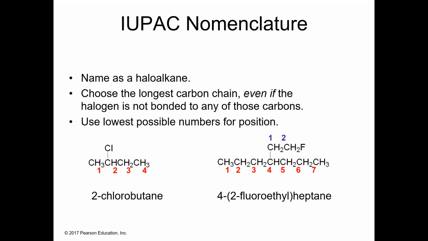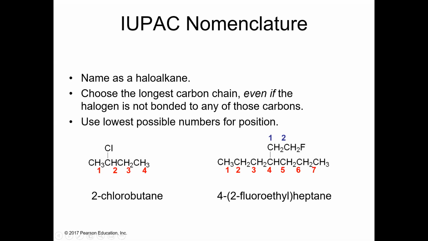Okay, so we'll look at IUPAC nomenclature of alkyl halides or haloalkanes. Halogens are pretty low on the priority list. They're down there with alkyl groups. We'll be talking about other functional groups such as alcohols and alkenes and so on, which have a higher priority.